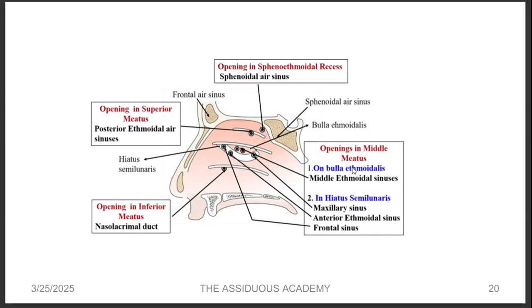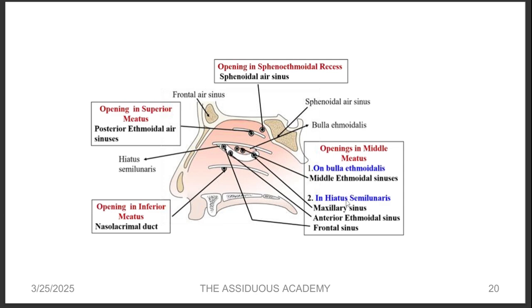Now, when you look at the middle meatus, a lot of things open there, but specifically you have the bulla ethmoidalis. That's where the middle ethmoidal sinus will drain; it is a bit posterior in the middle meatus.